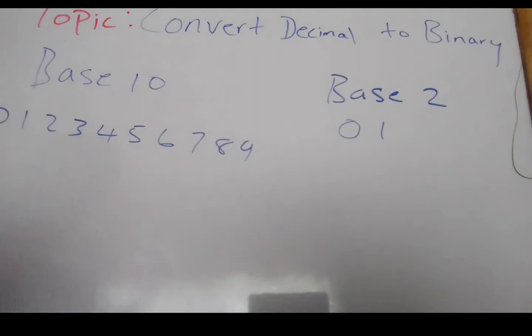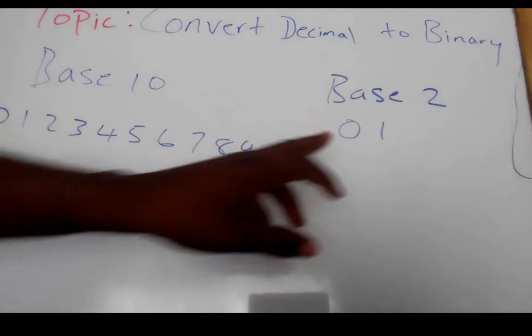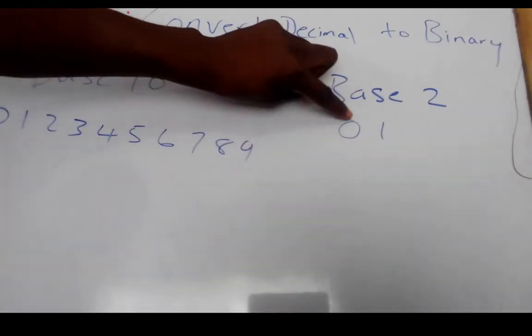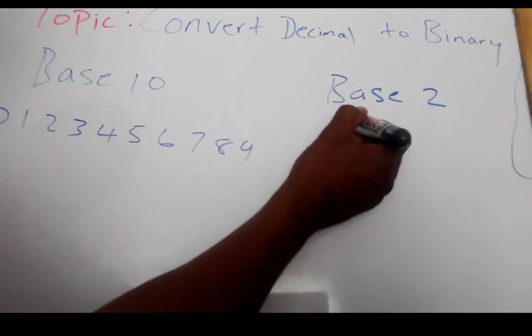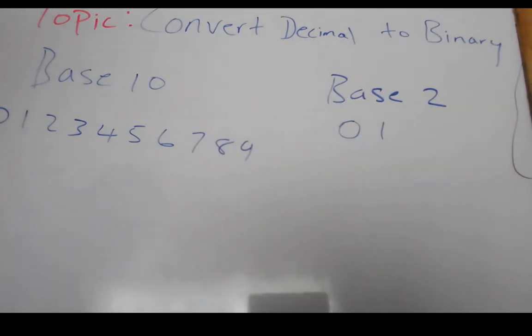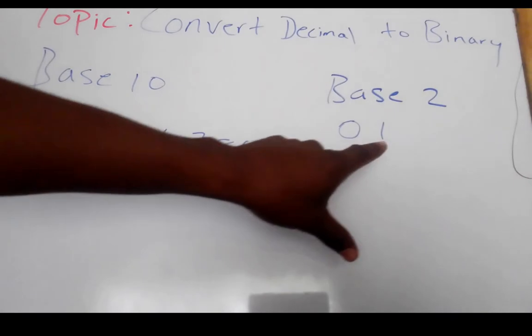So ones and zeros. These are the numbers that the computer reads when you input information in the computer. It doesn't matter what letter or number you input, the computer only sees the number as ones and zeros.